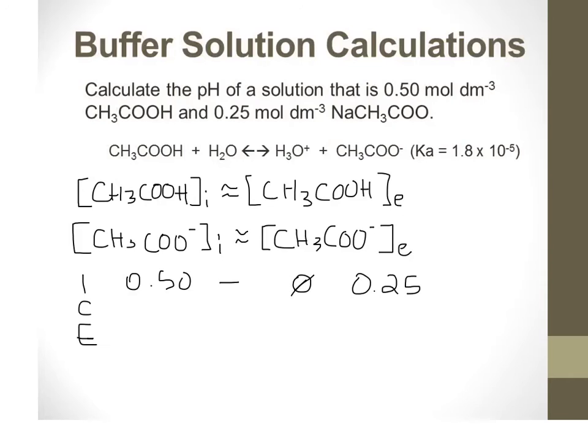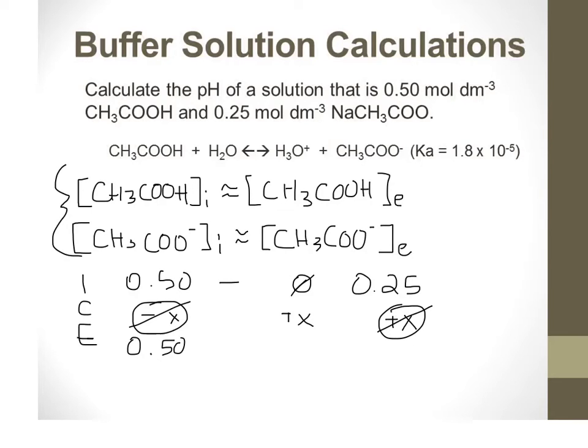Because we've got 0 hydronium, the change is going to be positive for that. So it'd be positive for this one, negative for this one. But we know that these changes are negligible, and that's because of the two assumptions we've made here. So our equilibrium then is 0.5, X, and 0.25.